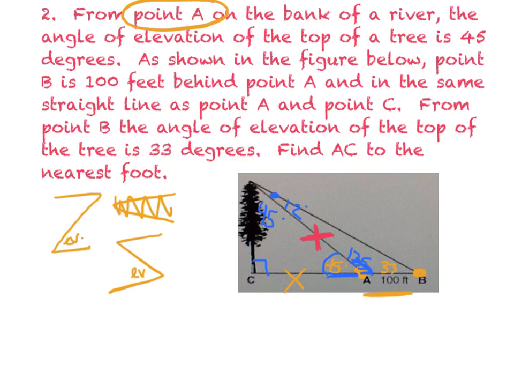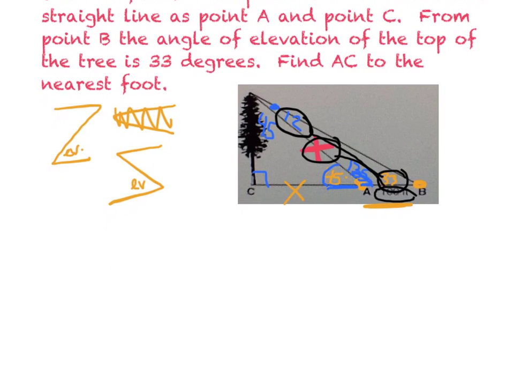Do we have law of sines or law of cosines? Well, I have 100 feet, which is across from that little sliver, 12. And I've got x, which is across from 33. So it's definitely law of sines. So we'll set her up. That's the sine of angle 12, and its partner across is 100 feet.